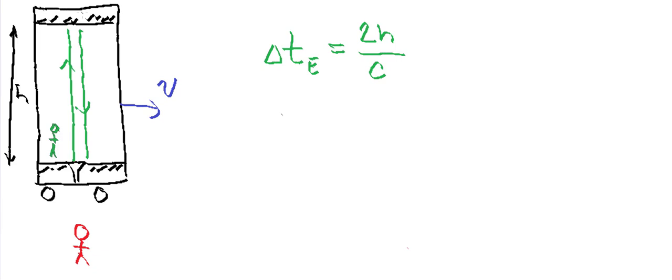If you're old-fashioned like me, perhaps you want the clock to tick once per second, in which case you would need h to be 1.5 times 10 to the 8 meters, right? Because the travel distance that the light would go through is 2h.